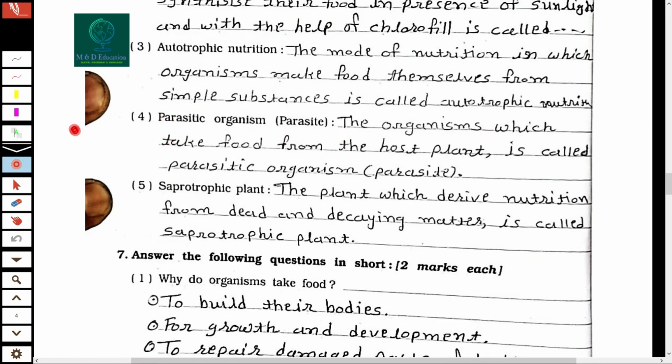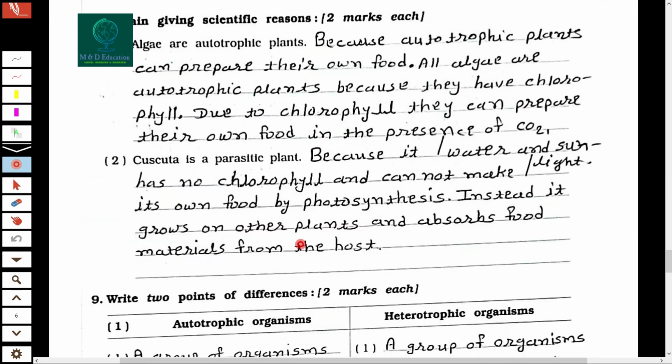So the organisms which take food from the host plant are called parasitic organisms or parasites. Okay. And the last one is saprotrophic plant, the plant which derives nutrition from dead and decaying matter is called saprotrophic plants.